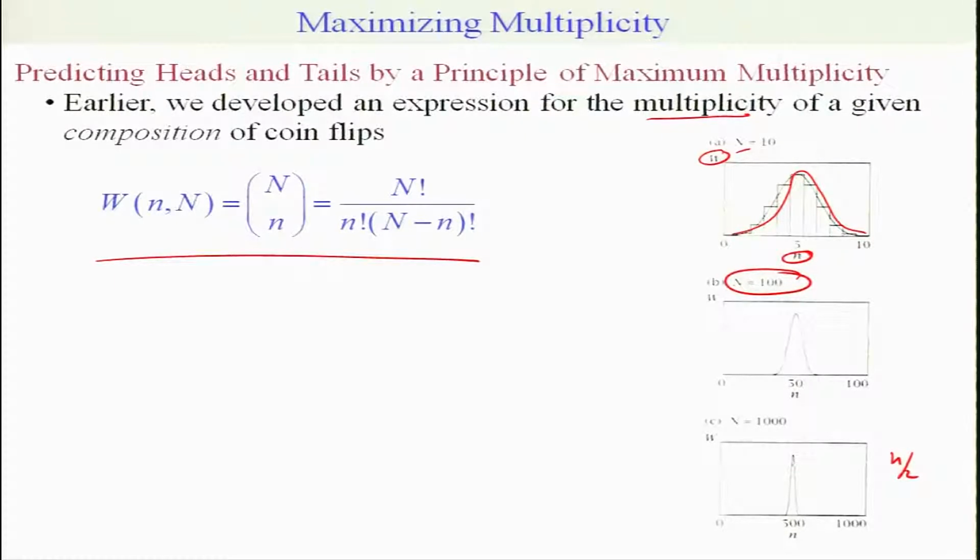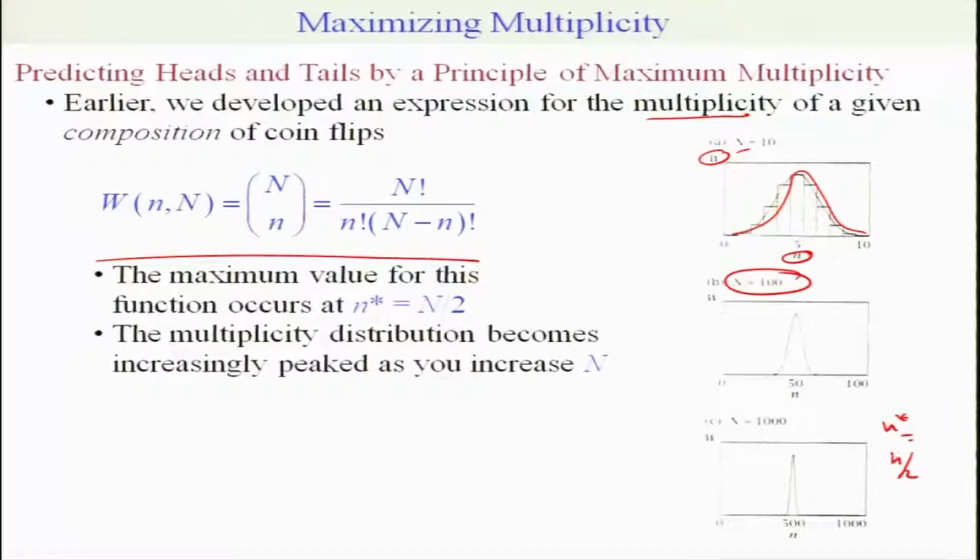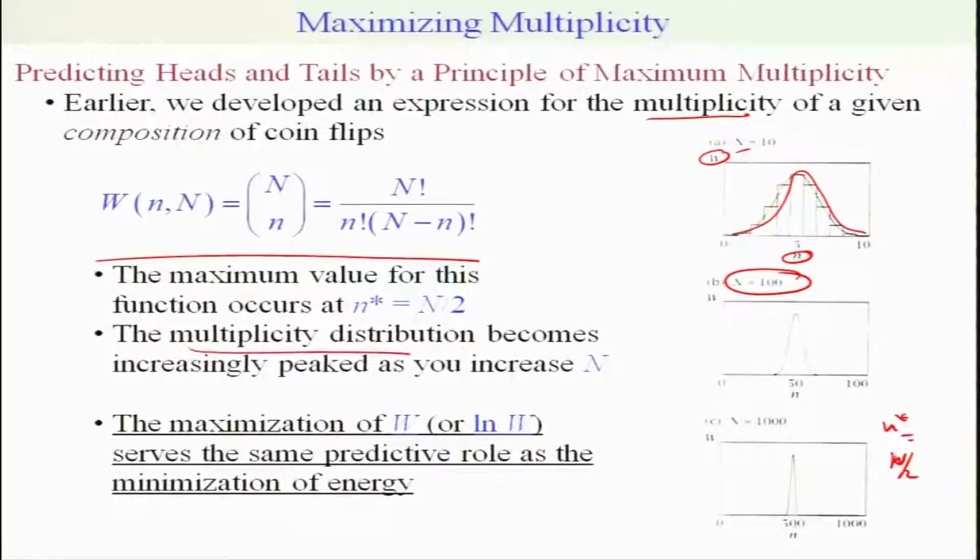As clearly seen from this geometric representation, the maximum occurs at n star equal to capital N by 2. So, the multiplicity distribution becomes increasingly peaked as you increase N.